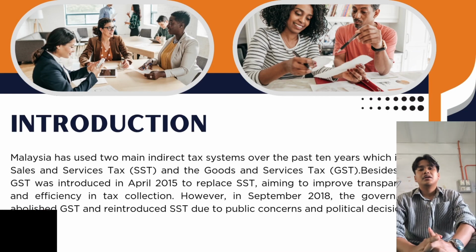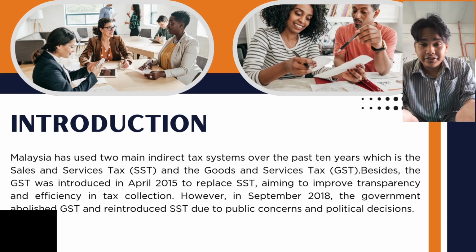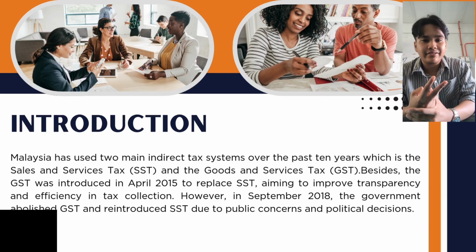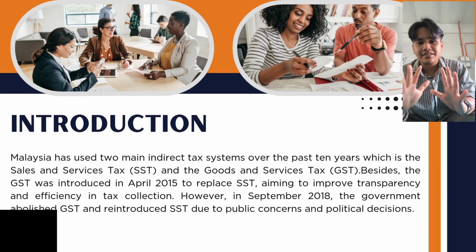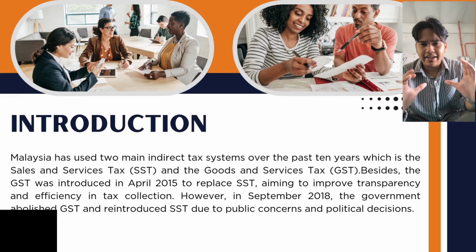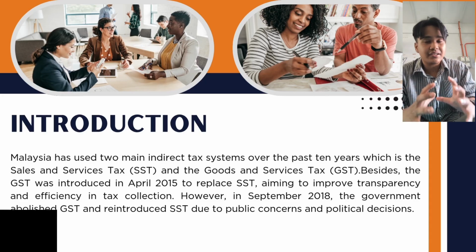So next, we are going to the introduction first. For your information, Malaysia has used two main indirect tax systems over the past 10 years, which are the Sales and Service Tax, in brackets SST, and the Goods and Services Tax, which is GST.